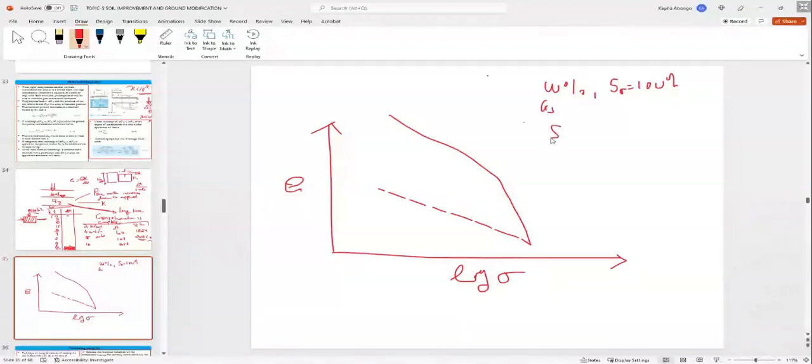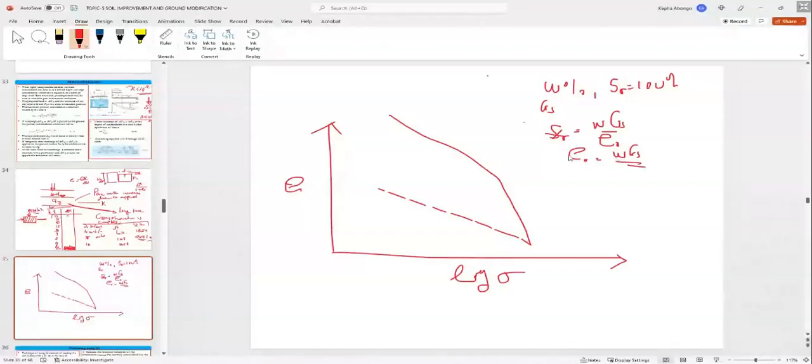So you know the degree of saturation, the water content, and the specific gravity, plus the initial void ratio. Makes sense or doesn't make sense? Makes sense.